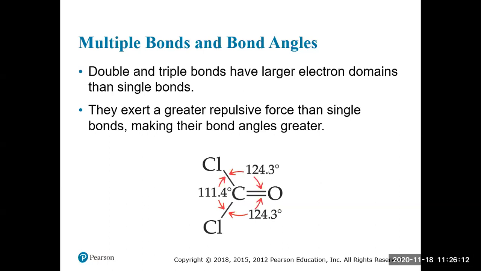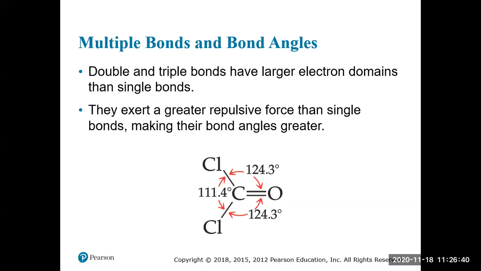In this case, we have carbon double bonded to oxygen, and then carbon single bonded to chlorine. We see that the Cl, C, Cl bond angle is 111.4 degrees, whereas the chlorine, carbon, double bond oxygen bond angle is 124.3 degrees.